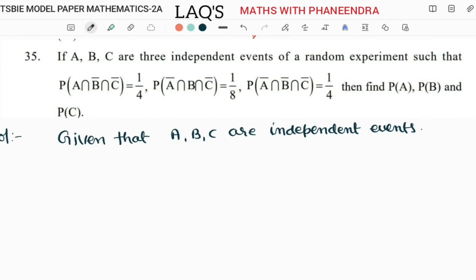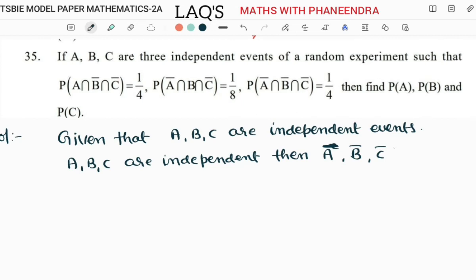Whenever A, B, C are independent events, then A complement, B complement, C complement are also independent events.